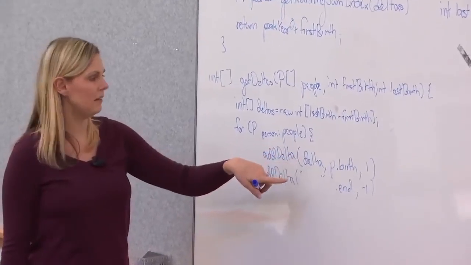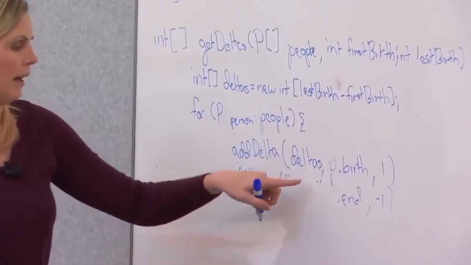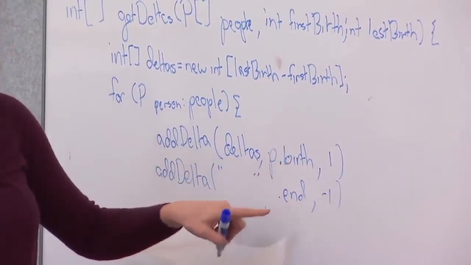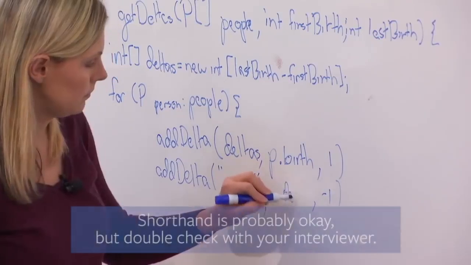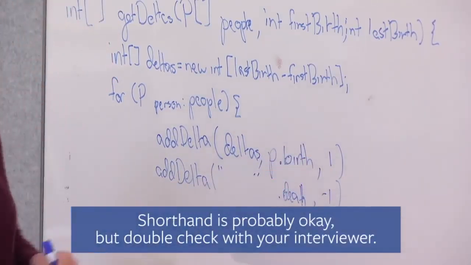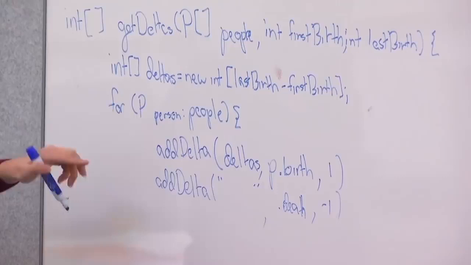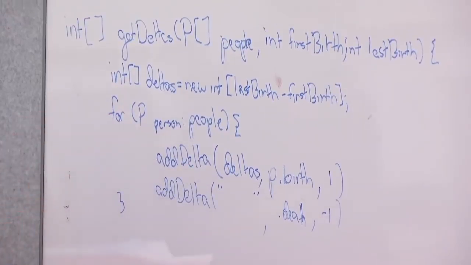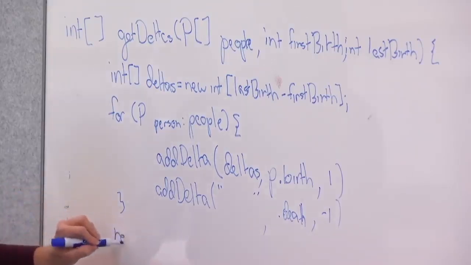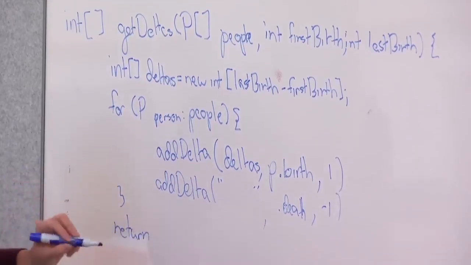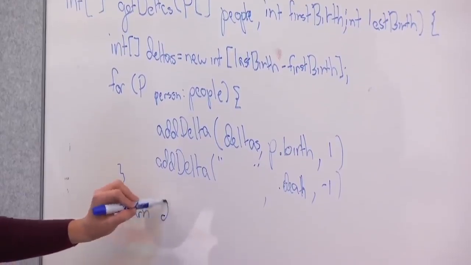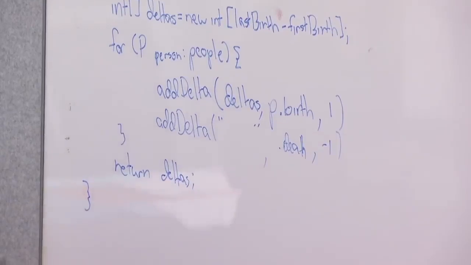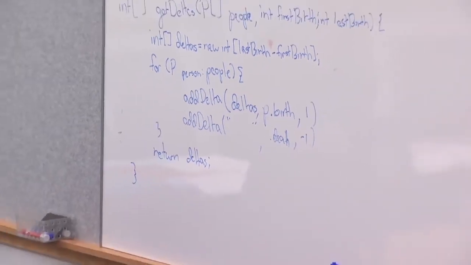Rather than writing out deltas again, just use quotes. Because it's basically the same call, other than that gets changed from birth to death, and this gets changed from 1 to -1. Okay, so I walk through this person, increment and decrement the birth and death. Now I return my deltas array. Okay, so that's that function.